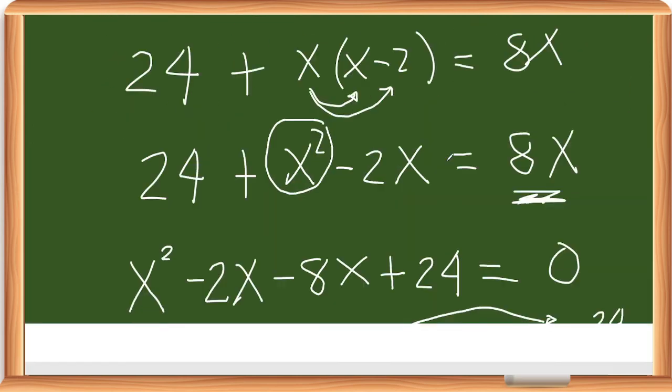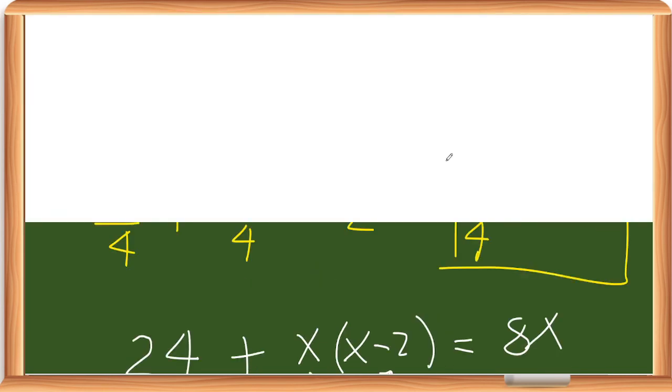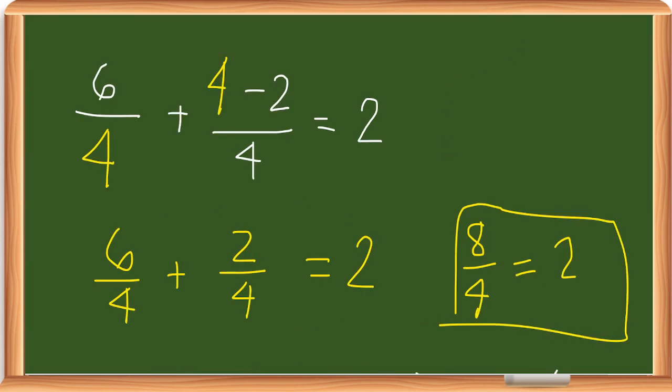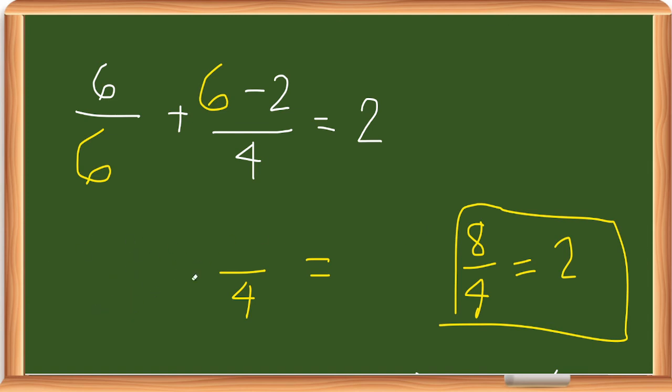Paano naman yung isa? Ano yung isang solution natin? 6. Okay, gawin naman nating 6 yan. Ito naman ang gawin nating 6. So, 6 yan. At yung isa, 6 din. Substitute natin. Okay, burahin muna natin to.